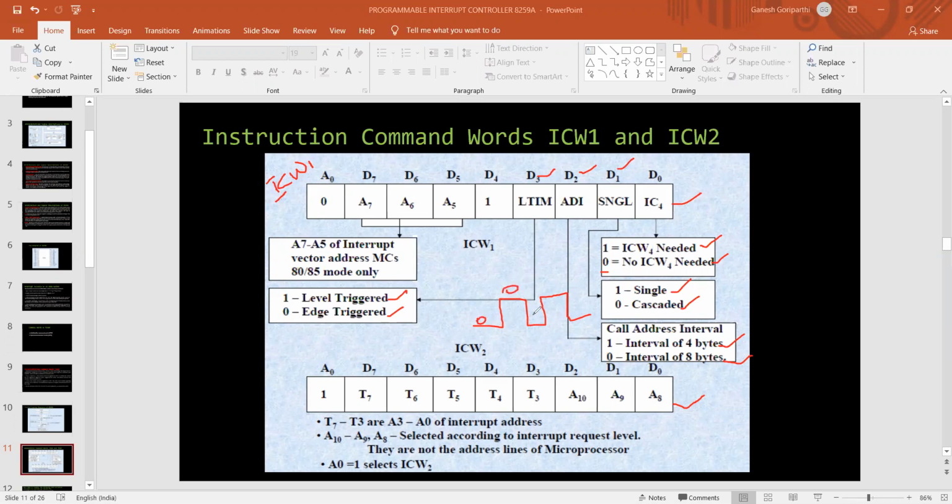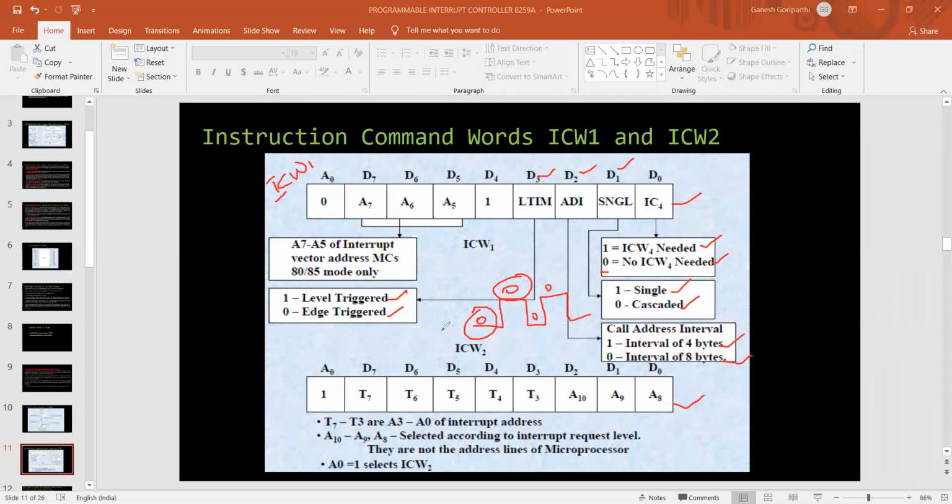If you take 0 level triggered, then the interrupt is read when the signal goes to 0. If you take 1 level triggered, then the interrupt is accepted when it is going high. That is about level triggered.